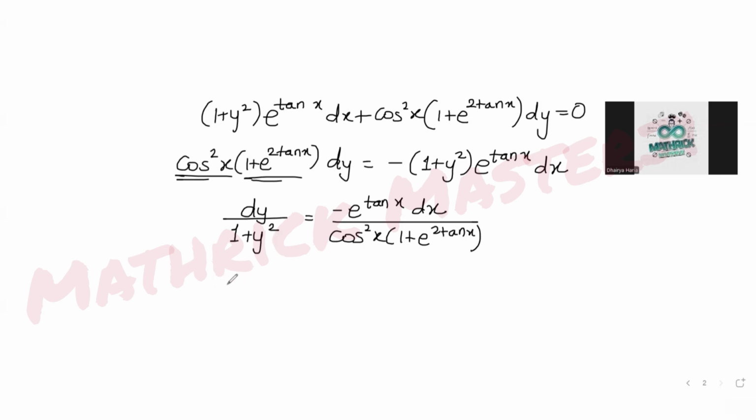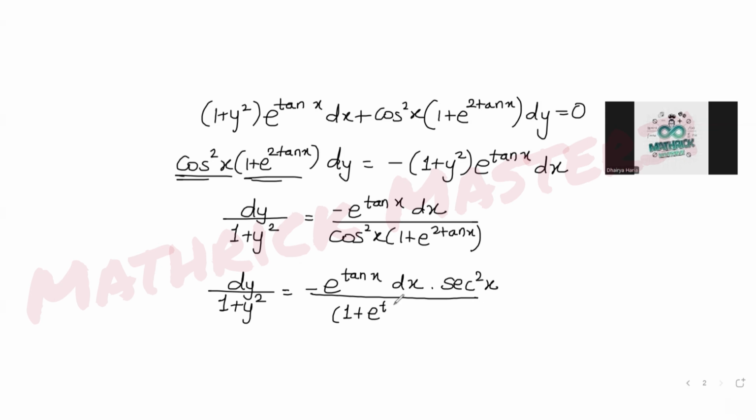Further, I get dy over 1 plus y square equals minus e raised to tan x dx over (1 over cos square x, which makes it sec square x) times (1 plus e raised to 2 tan x). Now once I have this with me, I'll use my idea of substitution.